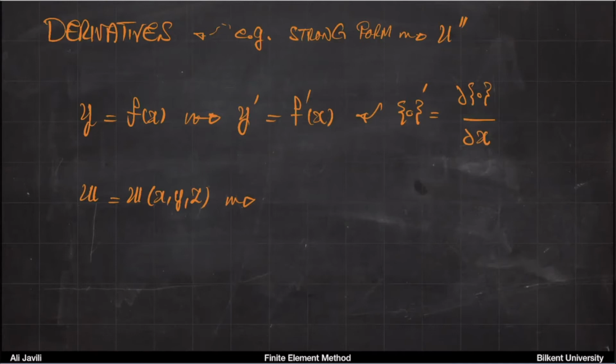Indeed you have three options, but I'm talking about only two of them here. One of them is that you can calculate the gradient of that thing. Another option is you can calculate the divergence of that thing.